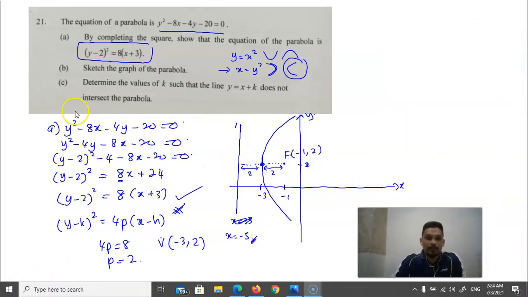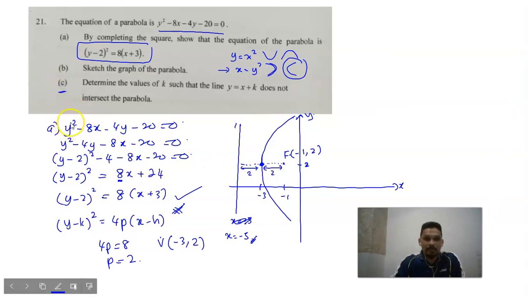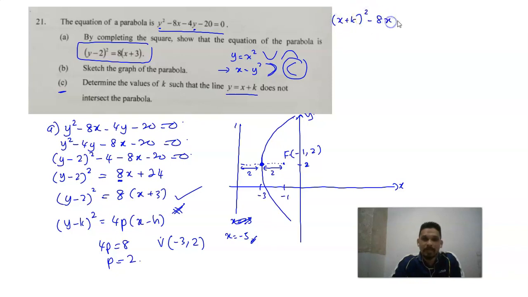So guys, for question C, from the equation of the parabola, and y equal to x plus k. So we got y here and also y. Substitute y with x plus k, so then (x plus k) squared minus 8x minus 4 times (x plus k) minus 20 equal to 0.